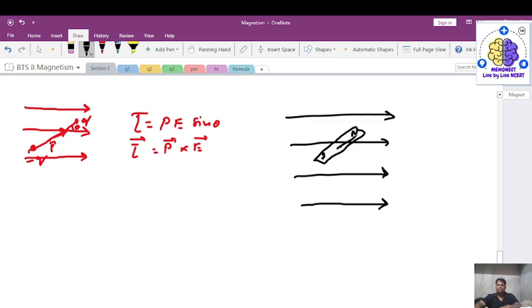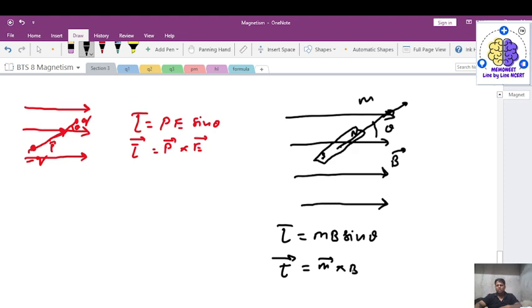It will have its dipole moment in this direction, let's say m, and this makes an angle theta. This is the magnetic field B vector. Then the torque experienced by this bar magnet will be given as tau is equal to mB sine theta, or we can say that tau is equal to m vector cross B vector, right?